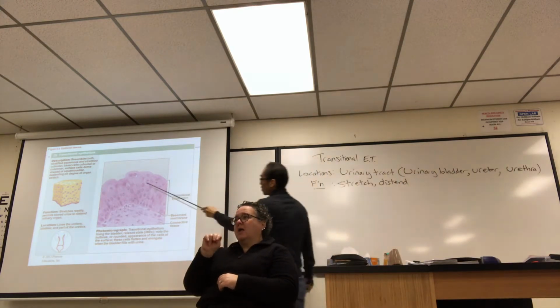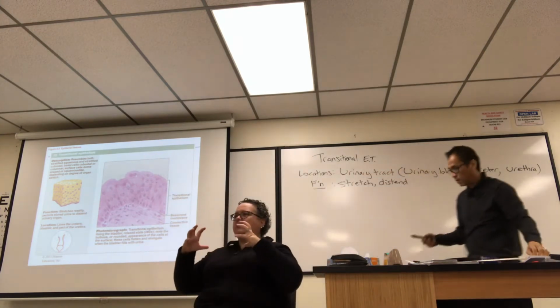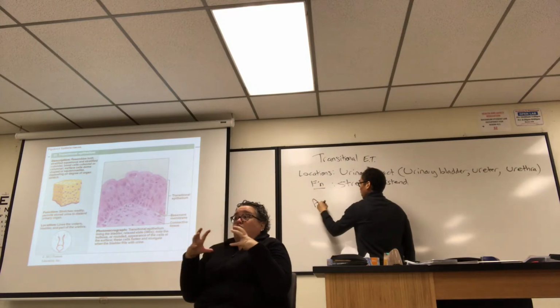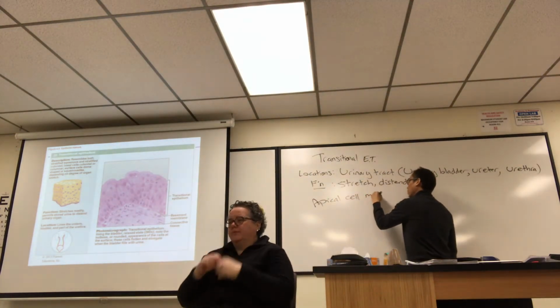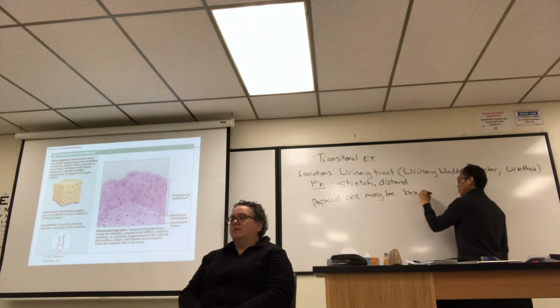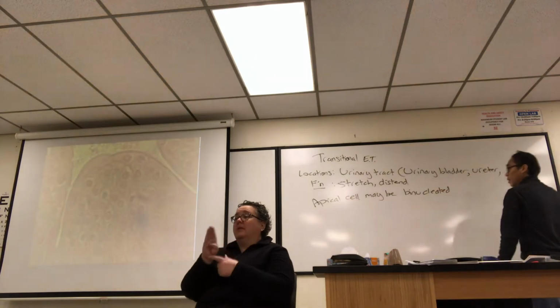There's one there. Okay. Apical cell may be binucleated. All right, our picture.